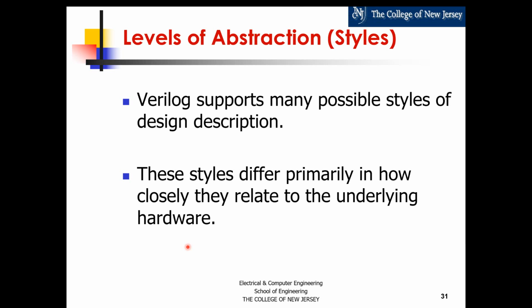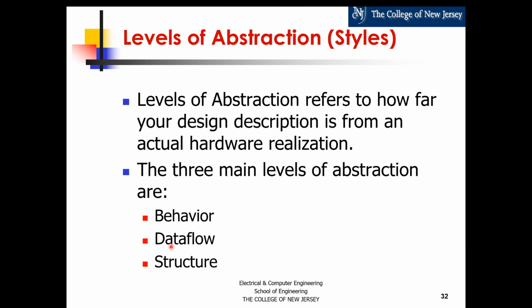And there are other levels. We're going to talk mainly about three levels: behavior, data flow, and structure. Structure is the lowest level, where you're really connecting things. And there is a place for it. We'll get to that, because we'll start at the top, behavior.